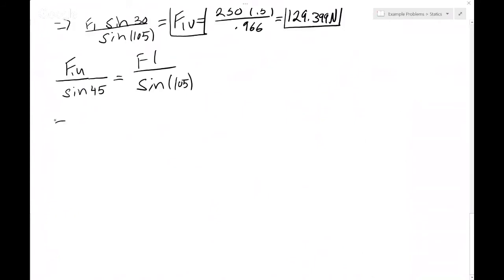And we can just algebraically rearrange this again by multiplying sine of 45 over to the top side.